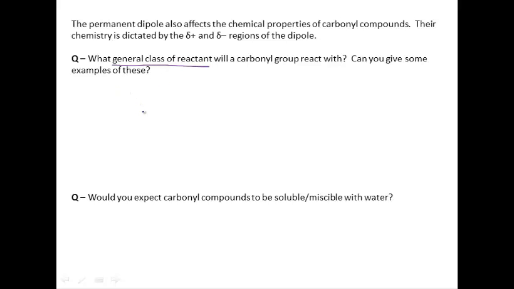So in this case, you have delta positive and a delta negative region. We'll just draw those on. Okay, so this delta positive region here is able to attract a specific class called a nucleophile. Okay, so nucleophile is the general class of reactants. And then some examples of these.